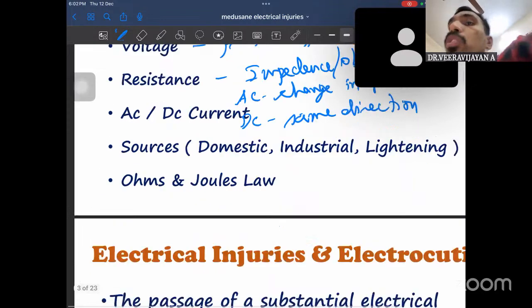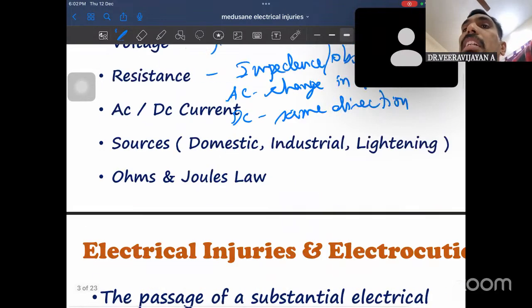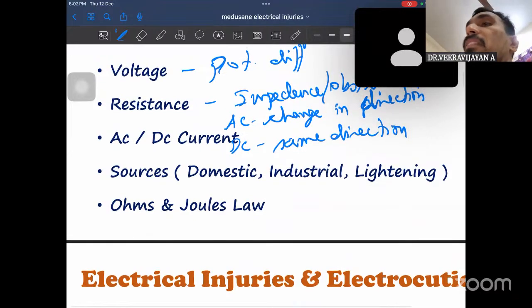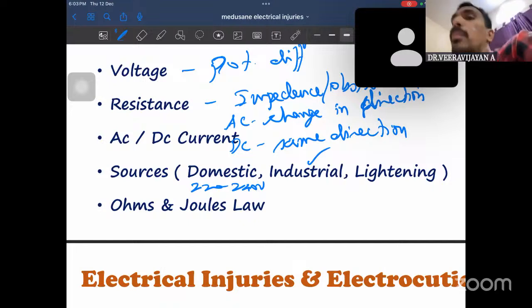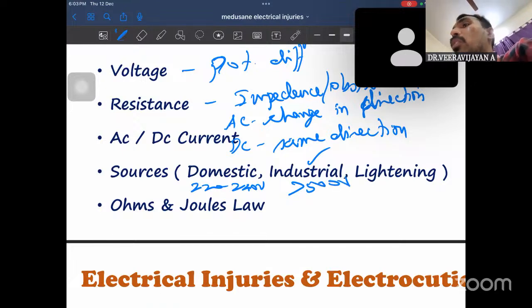Then we have to know some sources of electricity. We can classify these sources as domestic, which we are using in our household appliances, usually between 220 to 240 volts. Industrial current includes industrial and commercial purposes, which is usually more than 500 volts.